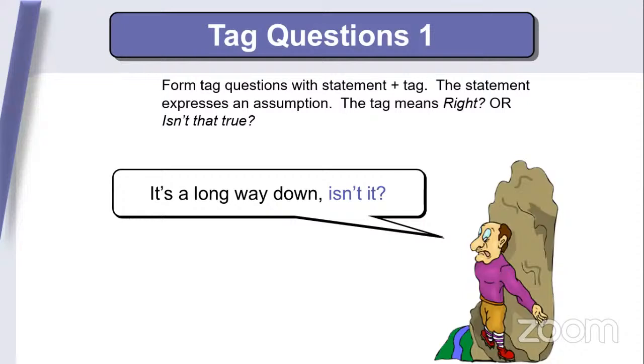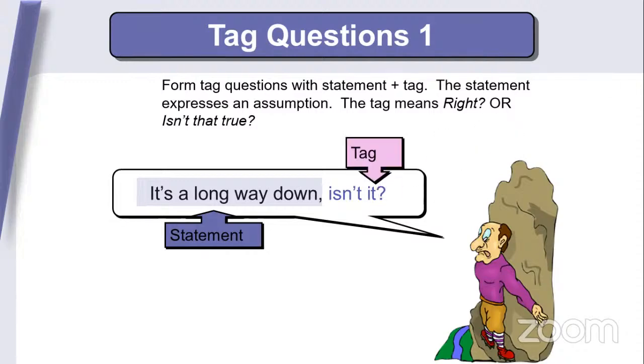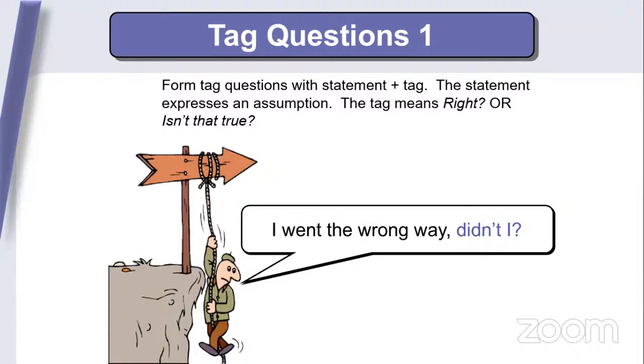This is a long way down, isn't it? Right? That's the statement. Or in Spanish, we can say es la oración misma, ¿no? But we want someone to agree with our ideas. Queremos que alguien esté de acuerdo con nuestra idea. So in that case, we will have, it's a long way down, isn't it, right? And the tag question is no es así, something like that in Spanish.